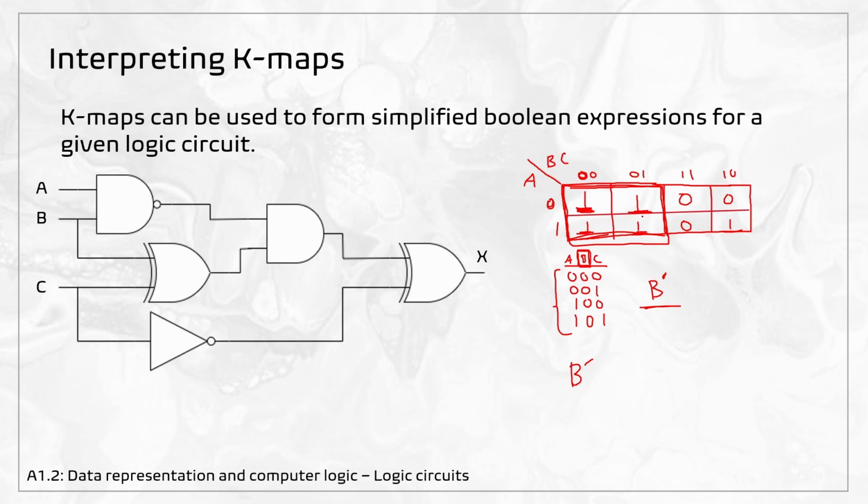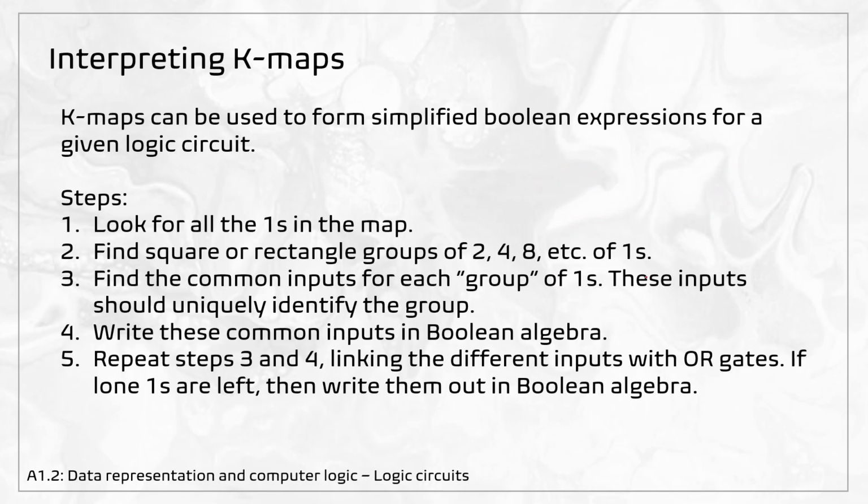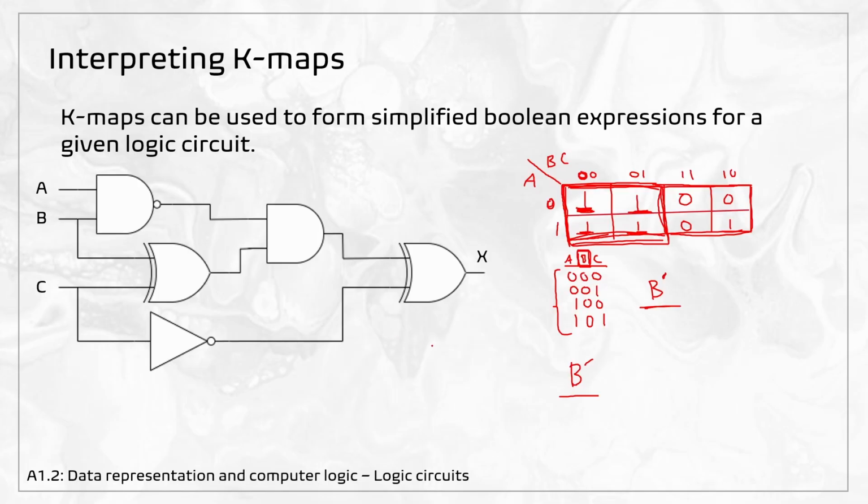For this input, B is equal to 0. And for this input, B is equal to 0. Notice how none of the other outputs have B equals 0. So by writing B prime, we're actually referring to this square grid right here. So now we write these common inputs in Boolean algebra, which is what we just did. It's B prime like this.